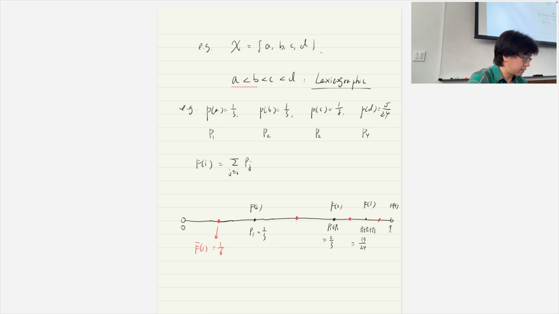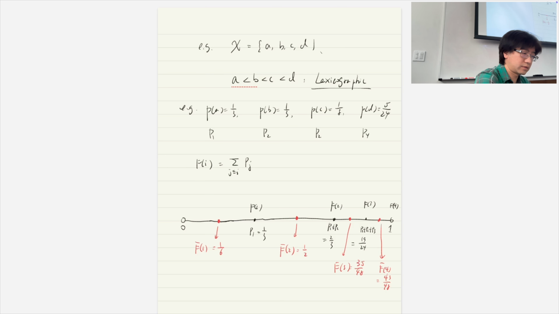Then the second one is what? Half, right? Very good. You just add this and that, and divide by 2. Similarly, you can compute the third one, which is 35/48, and this one is F4 bar, which is 43/48.